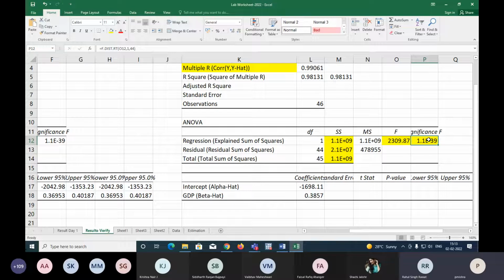If this probability is less than 0.10 but say greater than 0.05, we will say that the null hypothesis is rejected at 10% significance level.